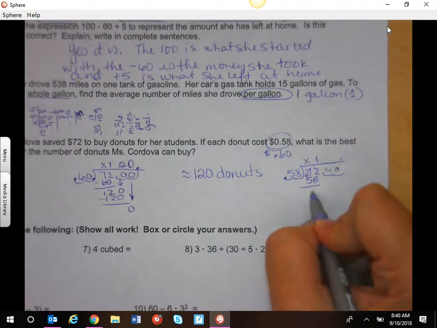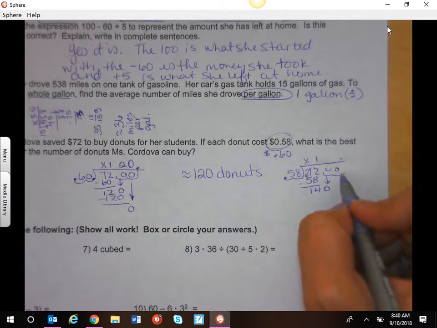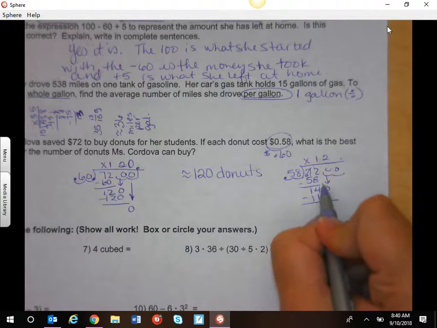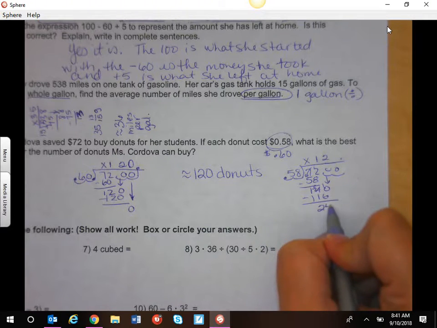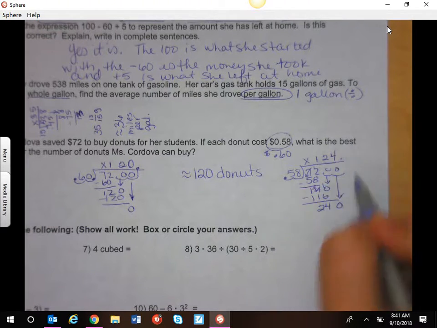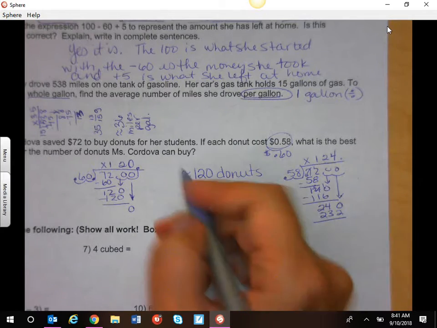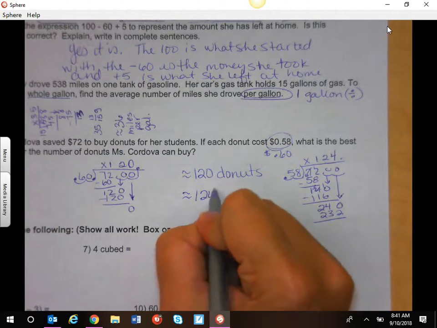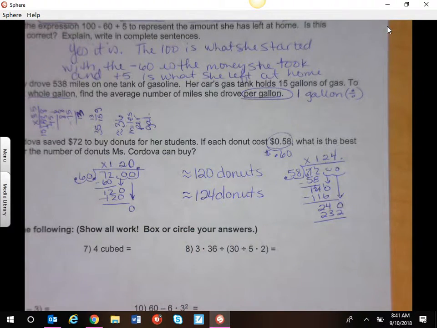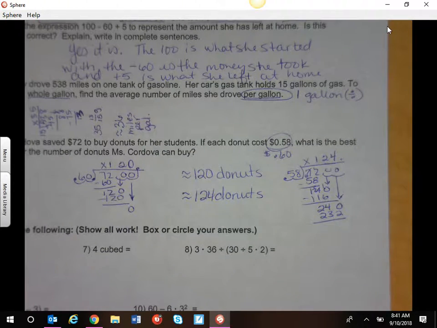You're going to have to borrow. 140, goes in twice, is 116, borrow again, 24, 240 and 4, and that's 232, so you've got a little bit left over. So I would take 120, or I would take 124 donuts, whichever you decided to use. It's a little bit nicer if you go ahead and round and use the 60.